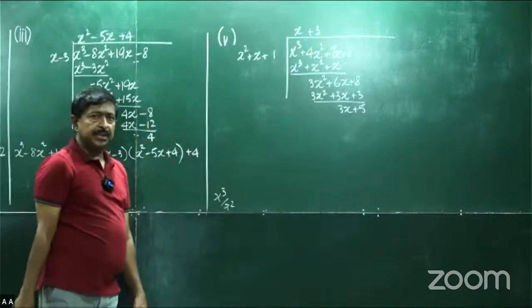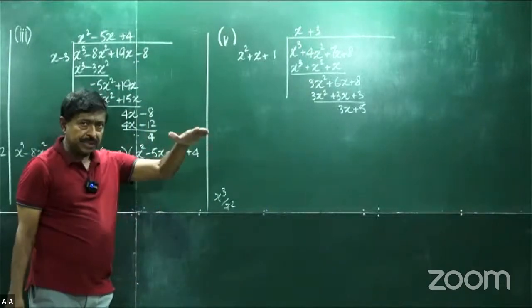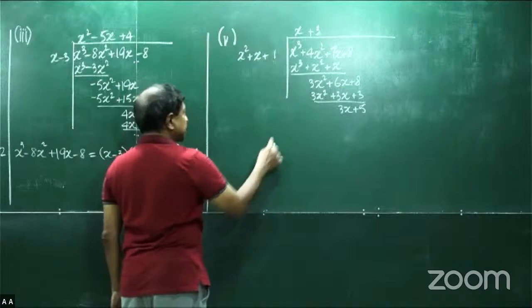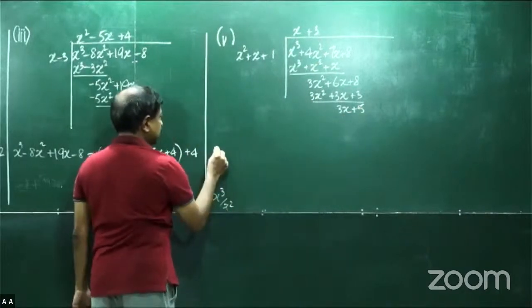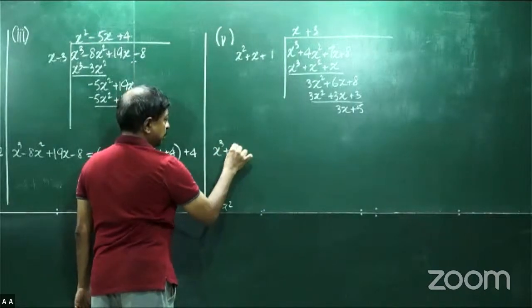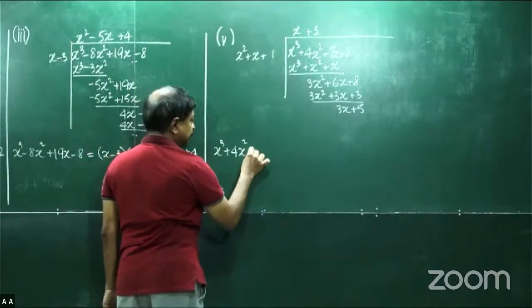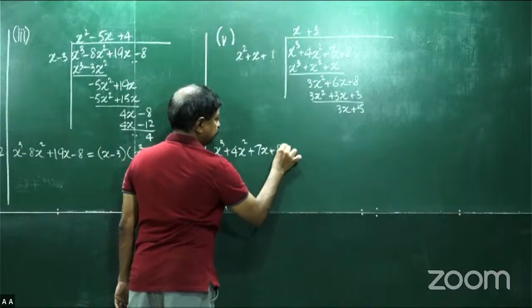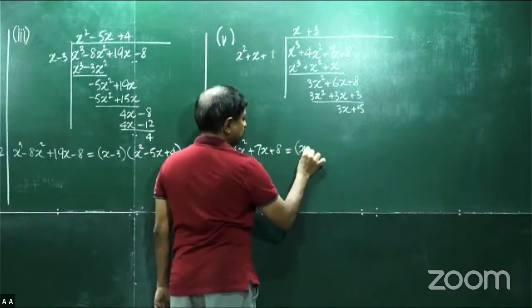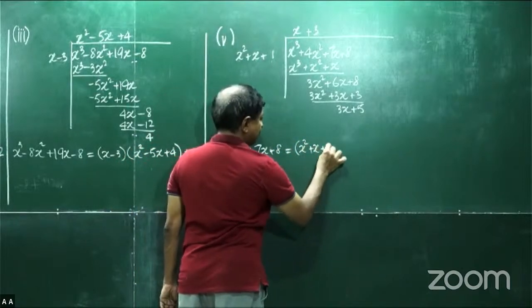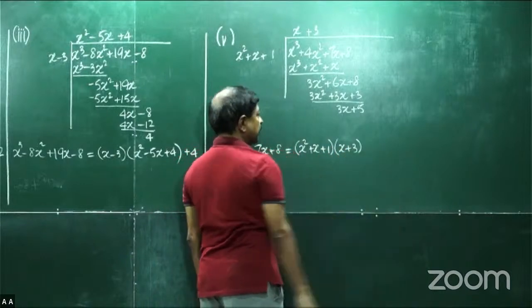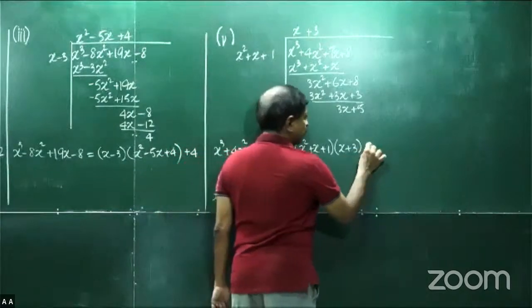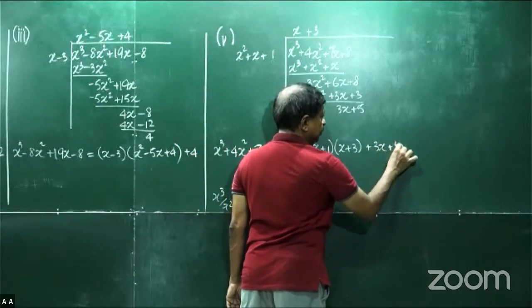Now, if you want to write this in the form of the division algorithm, you can write this as a product of these two plus 3x plus 5.